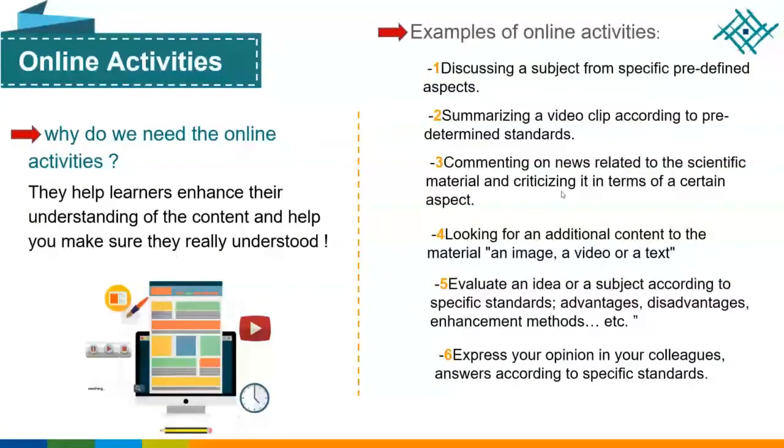Examples of online activities: discussing a subject from a specific predefined aspect, summarizing a video clip according to a predetermined standard, commenting on news related to scientific material and criticizing it in terms of a certain aspect, looking for additional content such as material, an image, a video or text, evaluating an idea or a subject according to specific standards, advantages, disadvantages, enhancement methods, expressing your opinion and your colleague's answer according to specific standards.